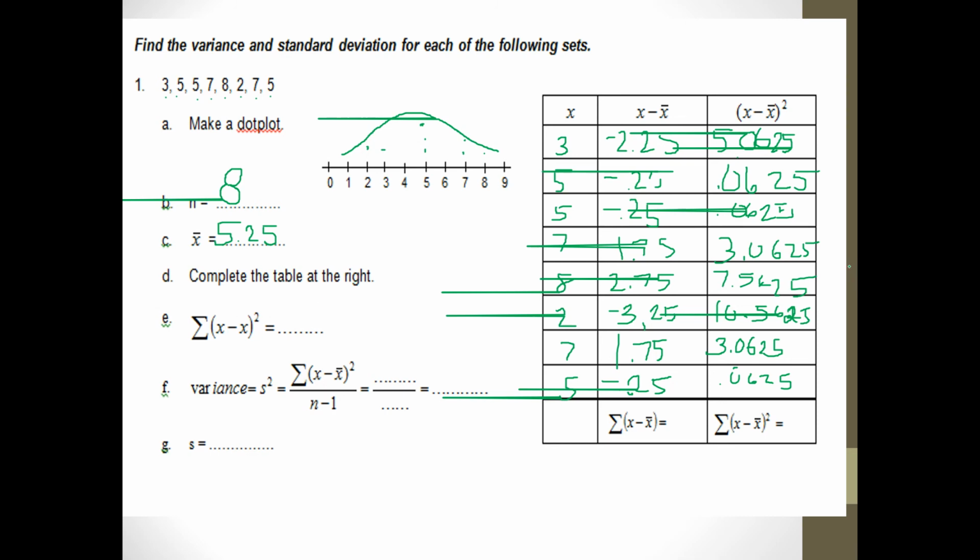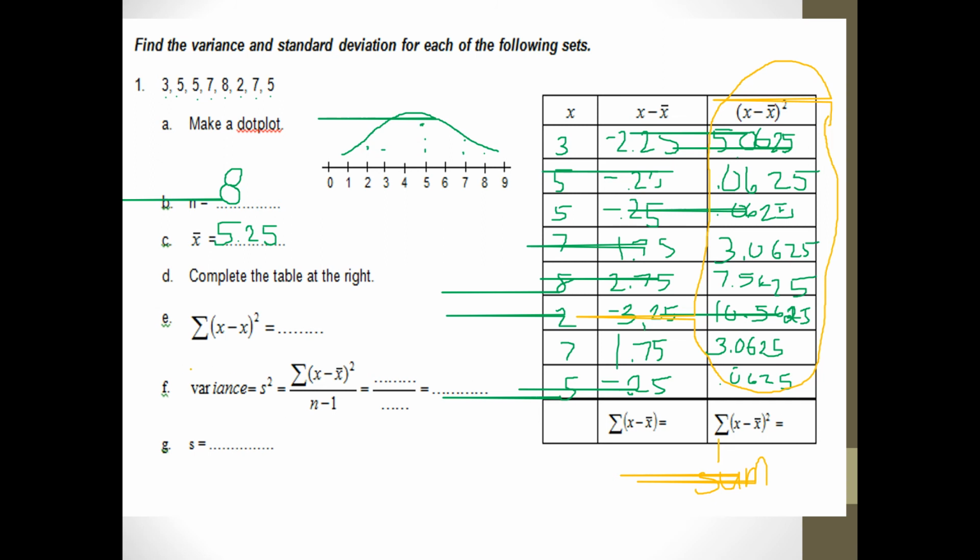The next step is to take all of these numbers right here. And this symbol means to add. So I'm going to find the sum of all of these numbers.